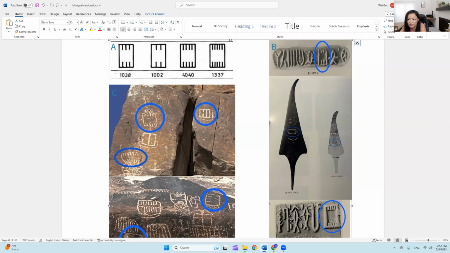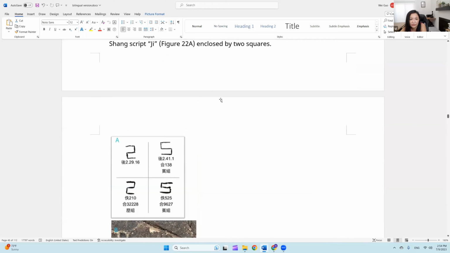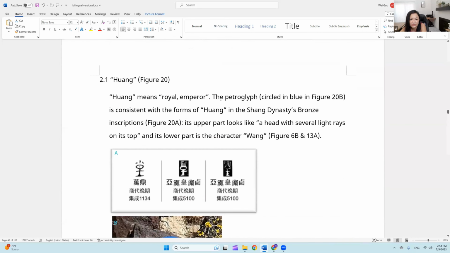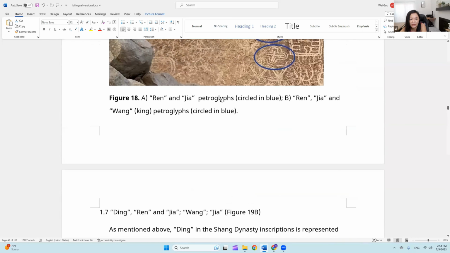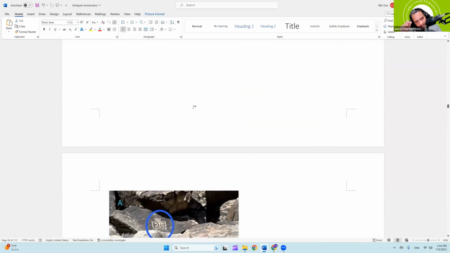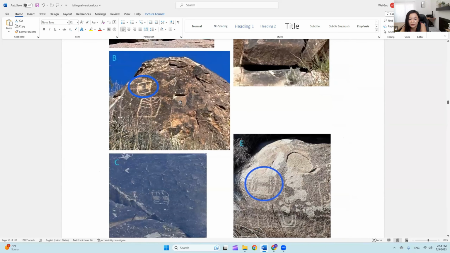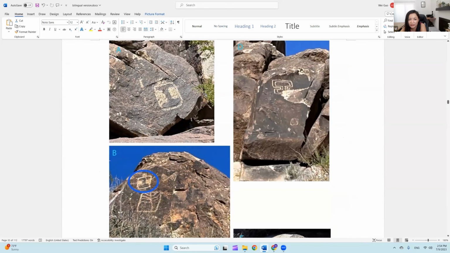We just mentioned that there are several crowns on the character Ren. Here is a crown. Let's go back. So this is the Shang Dynasty's king's title. There is a crown here. There is a crown here. There is a crown here, right?